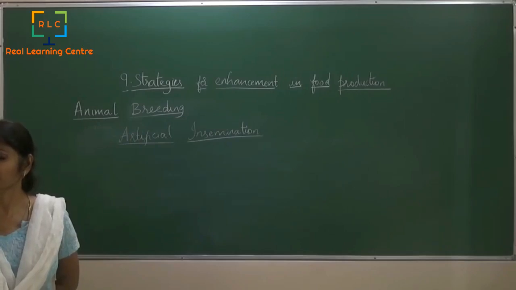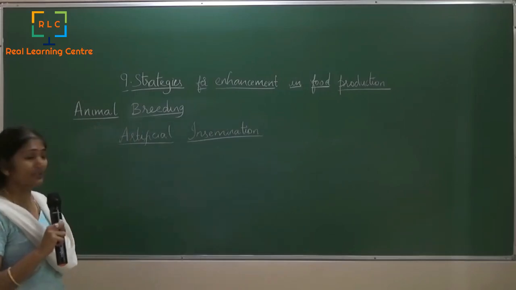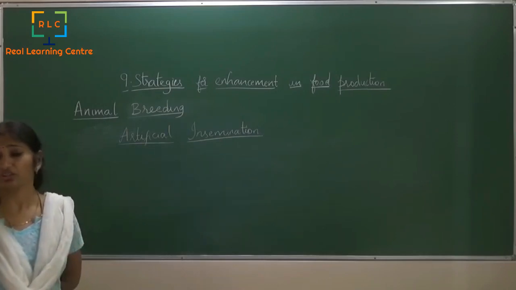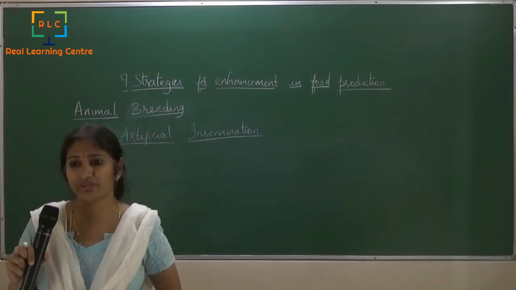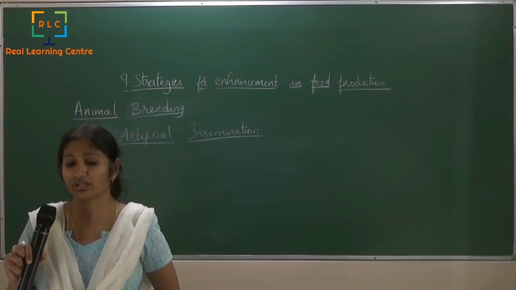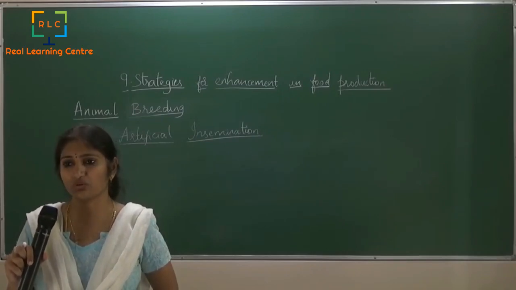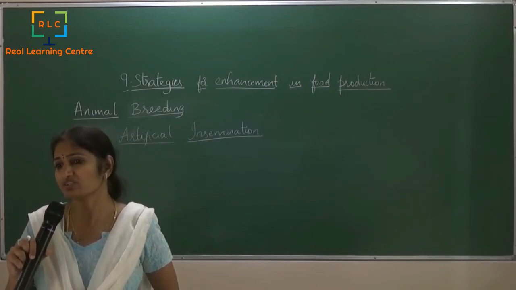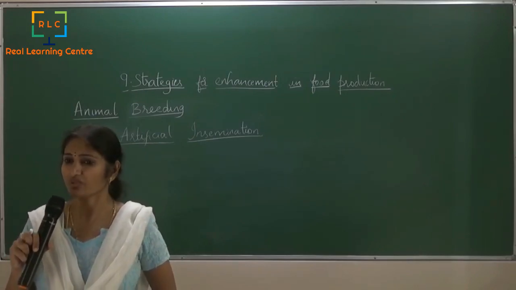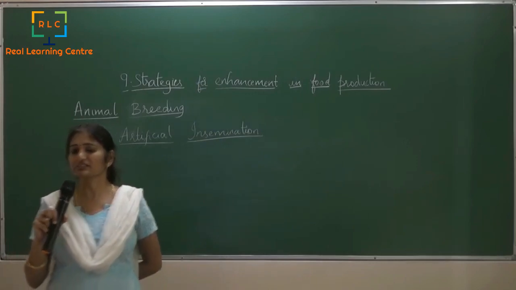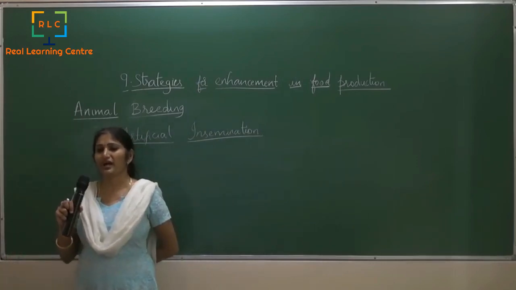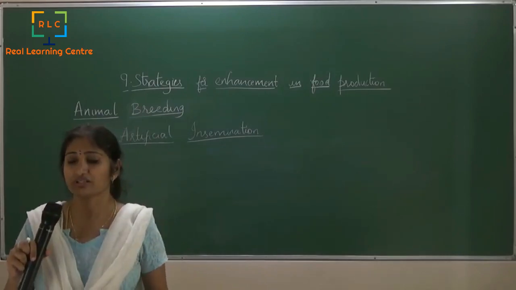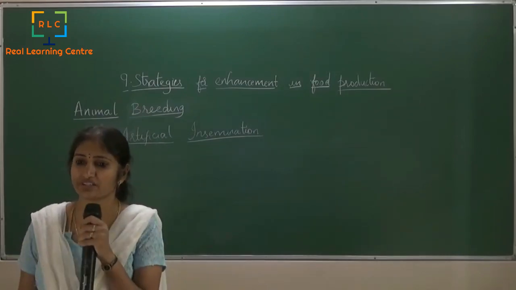Therefore, artificial insemination, though a very nice controlled process of breeding, has a quite low success rate. In fact, that is the reason why we have production of hybrids that helps to increase the success rate.